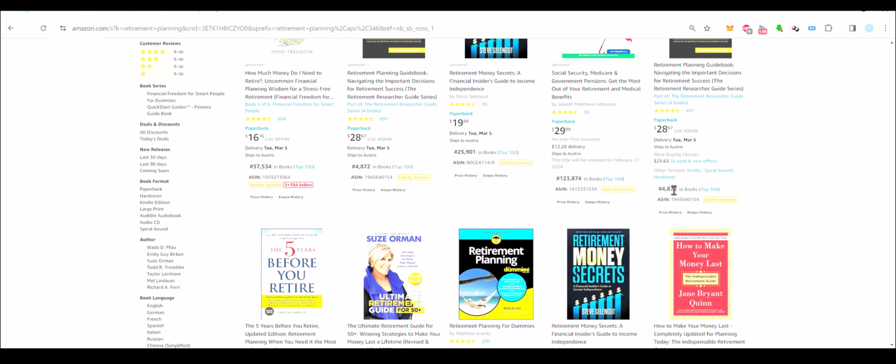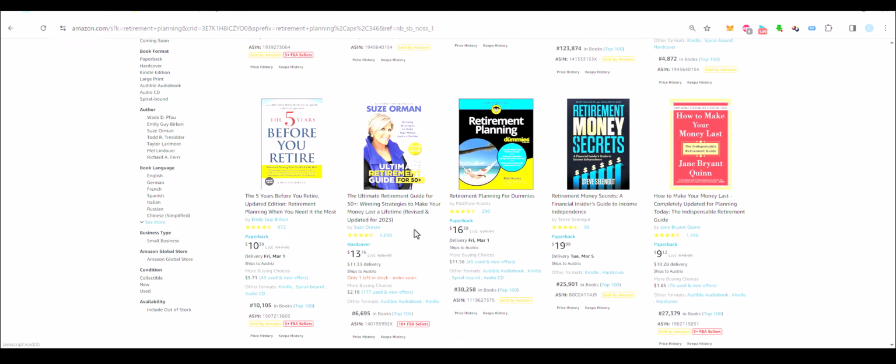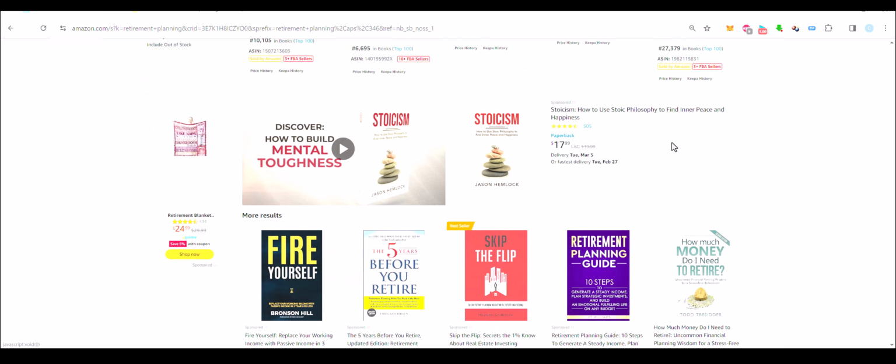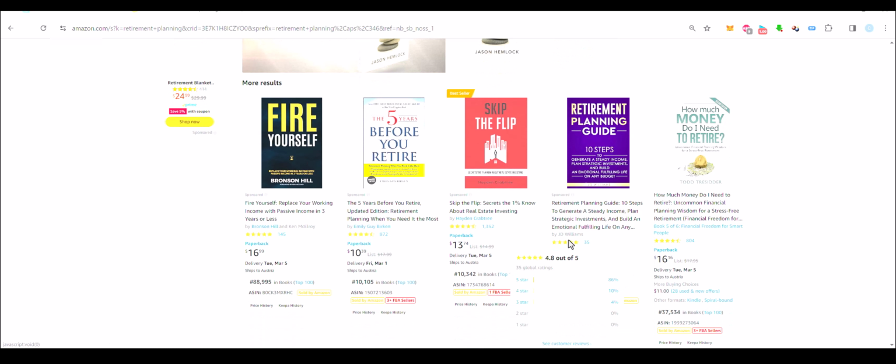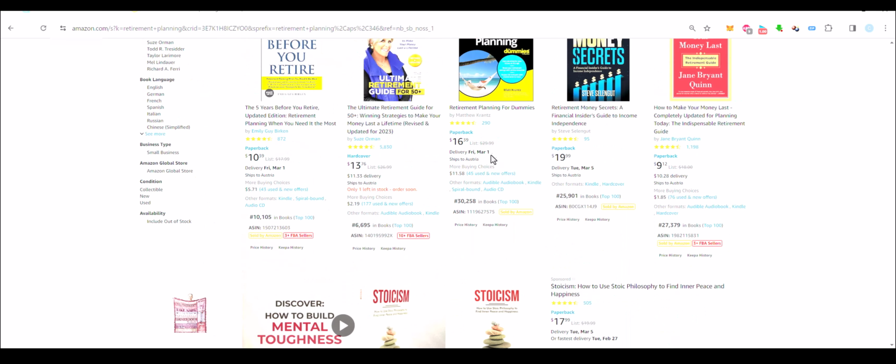Of course, it also depends on the book. If they have this many reviews, then we won't be able to outrank them. But we also find some that have fewer reviews and still get a good ranking. So that's really encouraging.